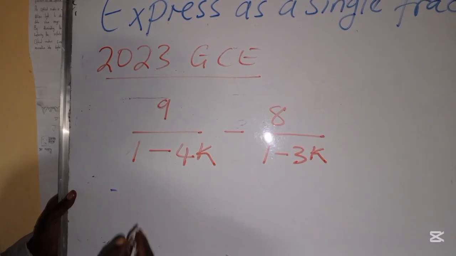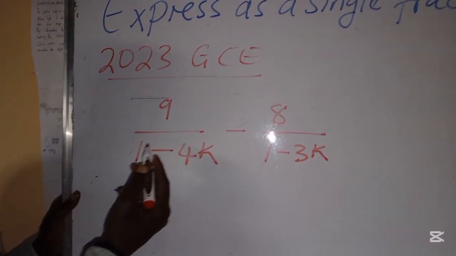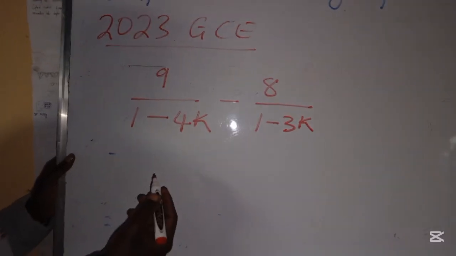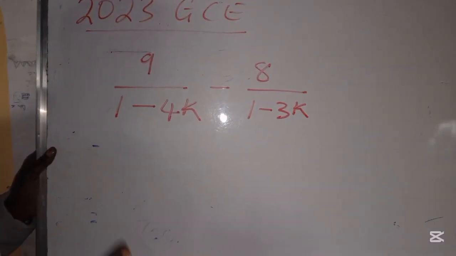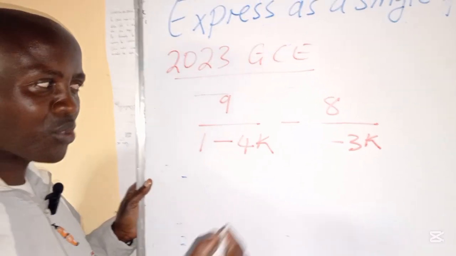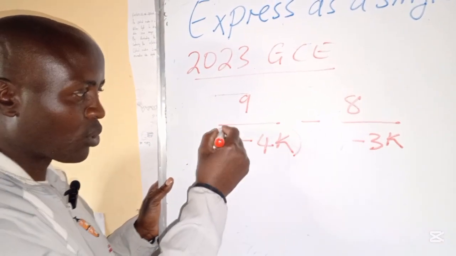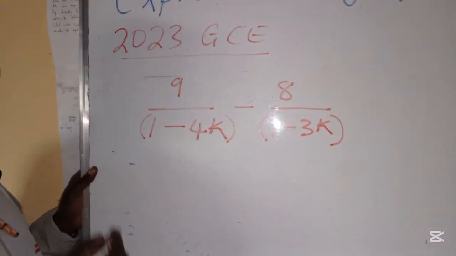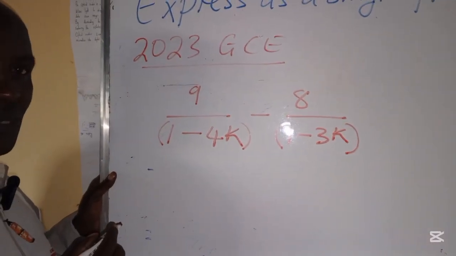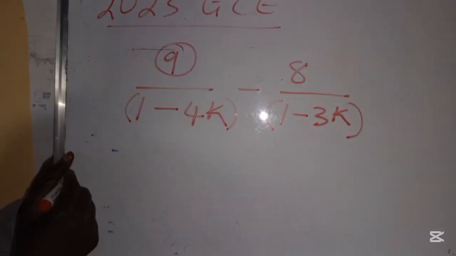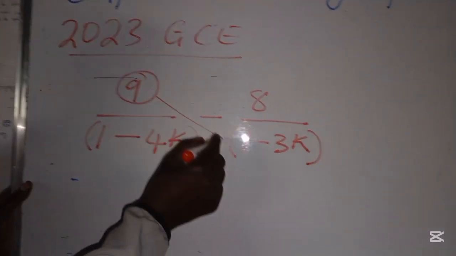Okay, we continue. You can see this is a 2023 GCE question: express as a single fraction. Please remember to introduce the brackets at the bottom. When you introduce the brackets at the bottom, the number on your top left, you cross multiply it.